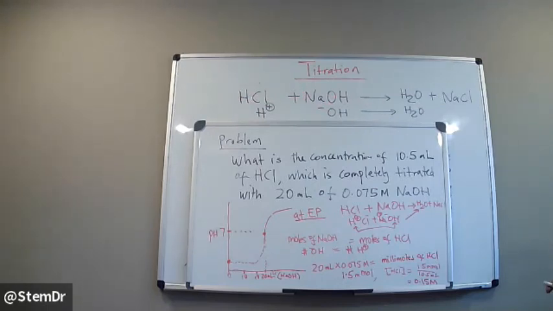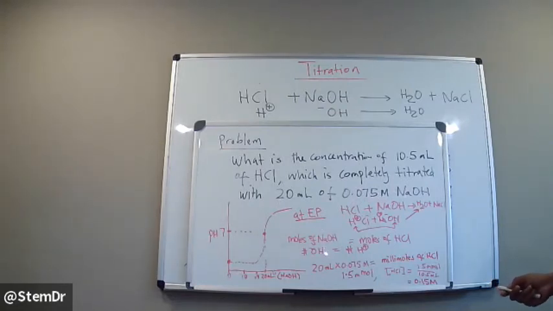So at the equivalence point, the moles of sodium hydroxide equal the moles of hydrochloric acid. What is the moles of sodium hydroxide that was used? It is just 20 ml of sodium hydroxide times its concentration, which is 0.075 molar.